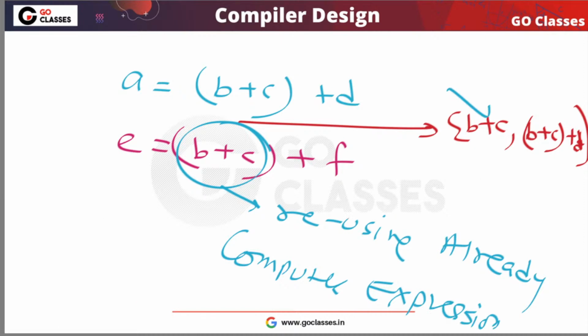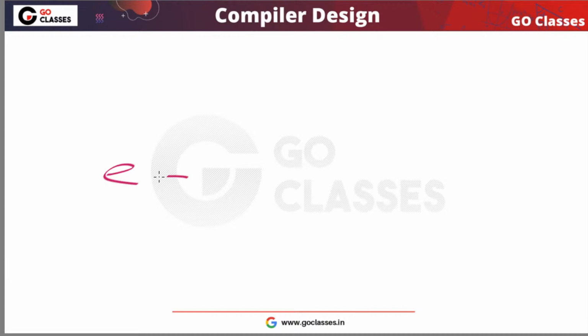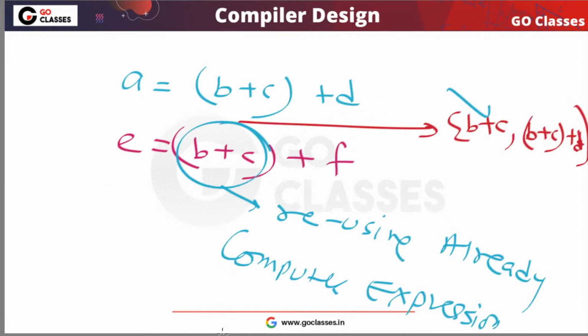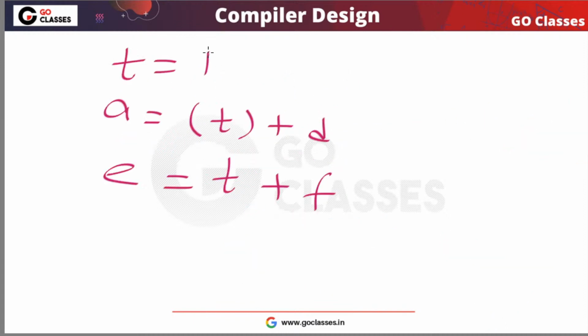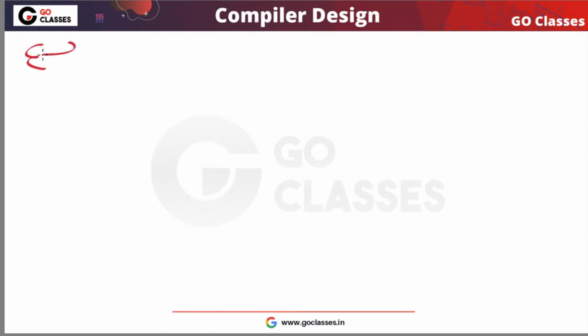Now the compiler will go back and create a temporary variable t. The compiler will replace this with t plus f, and then it will go back and put t here also, and then d. So like this your compiler will do. Is it clear? So the compiler will create a temporary variable when you are reusing. Another example you can take.